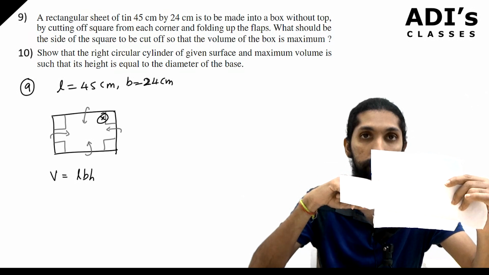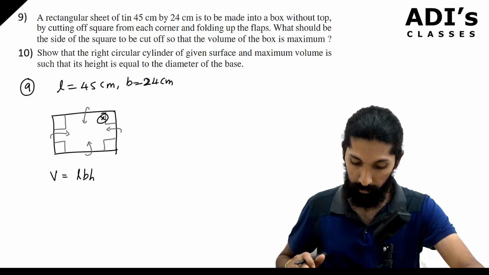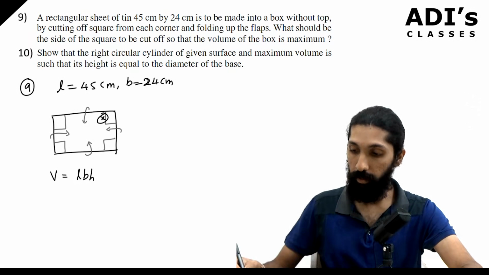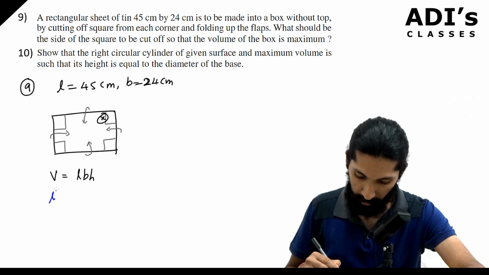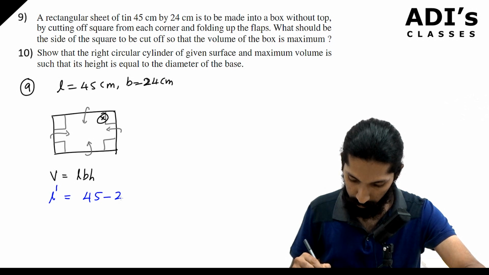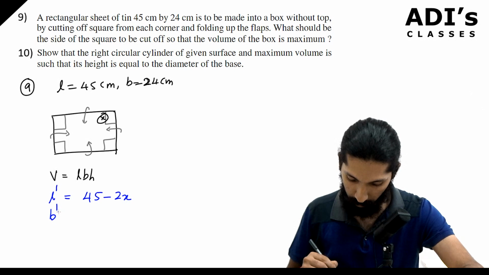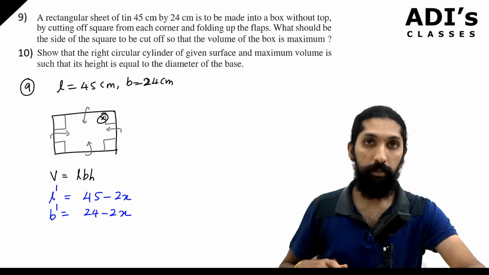That's going to be 24 minus 2x, right? So what we can write now is that the new length, you can write this as L dash. So L dash is equal to 45 minus 2x. B dash is equal to 24 minus 2x, isn't it?